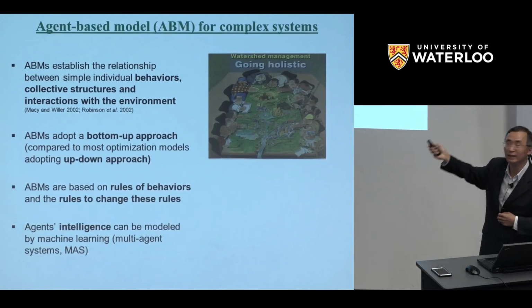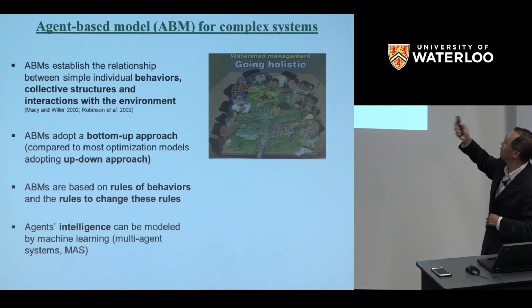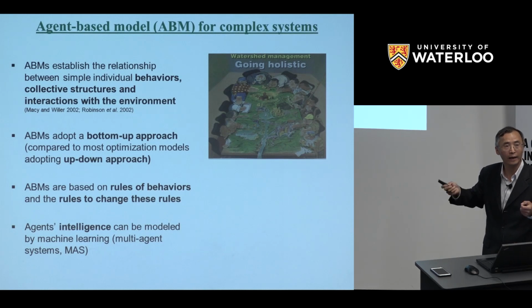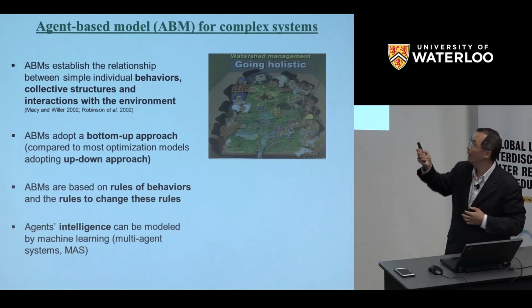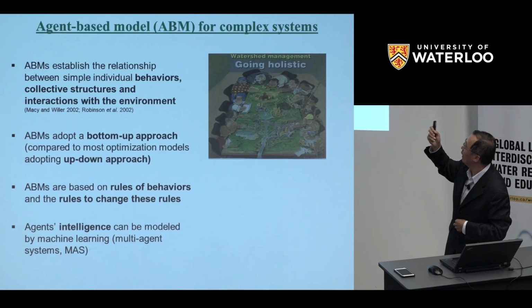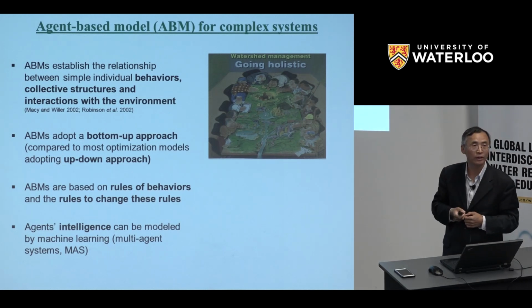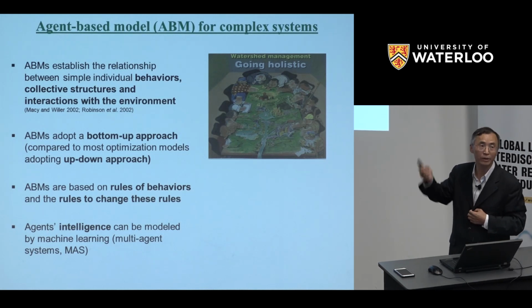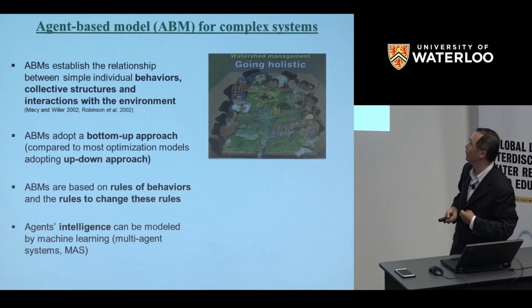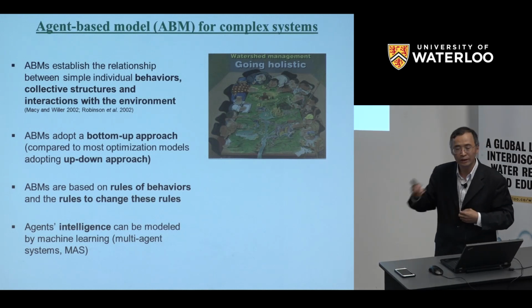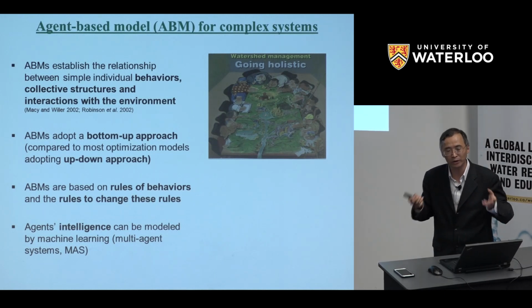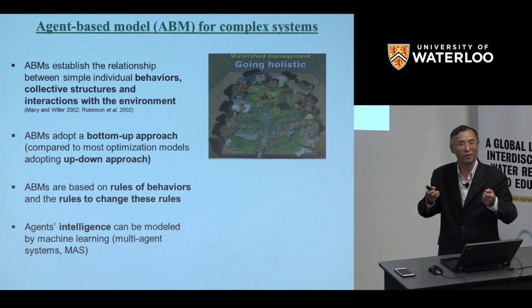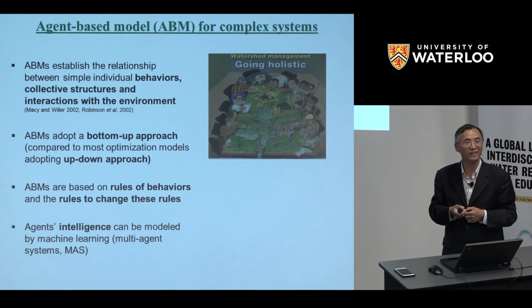So I already mentioned agent-based models. This kind of modern approach recognizes the role of individuals. We try to combine individual behaviors, the system structure, and also the interaction between individuals and the environment. In the literature for water resource management, we talk about bottom-up or top-down management approaches.